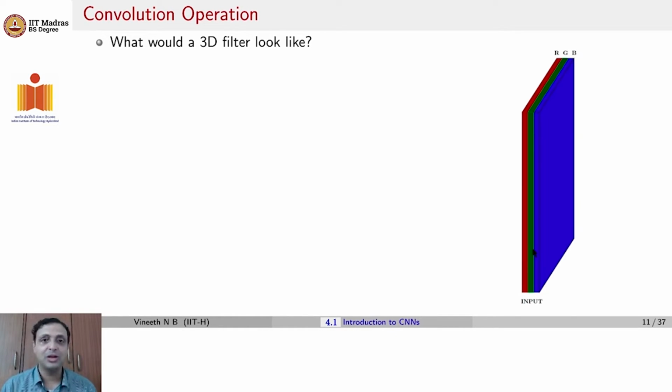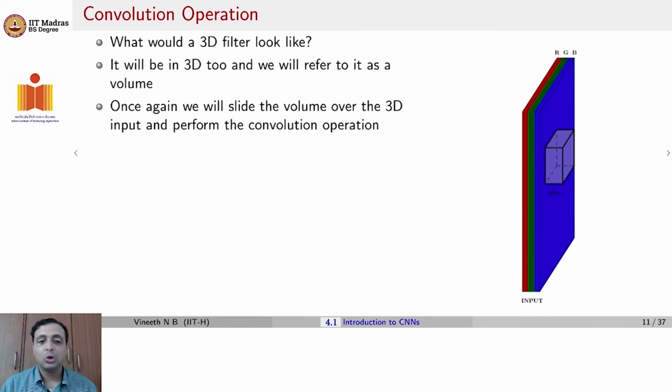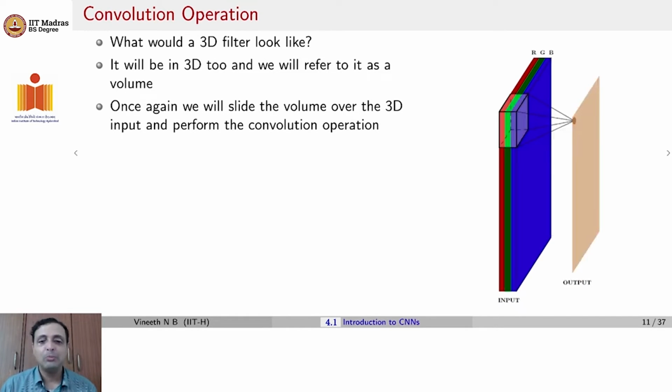And what would a 3D filter look like? It would also be a volume, and we're going to refer to that as a volume going forward. So when you now slide the volume over your input volume and perform the convolution operation, you will be moving it across the input volume at different locations and getting one scalar output as the output of the convolution in the output image.